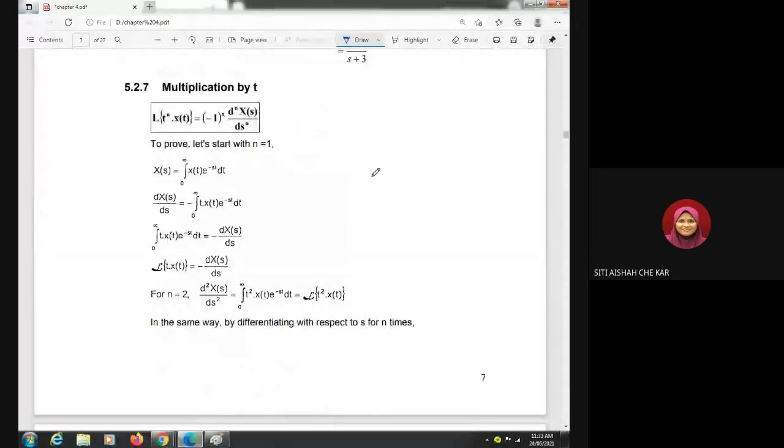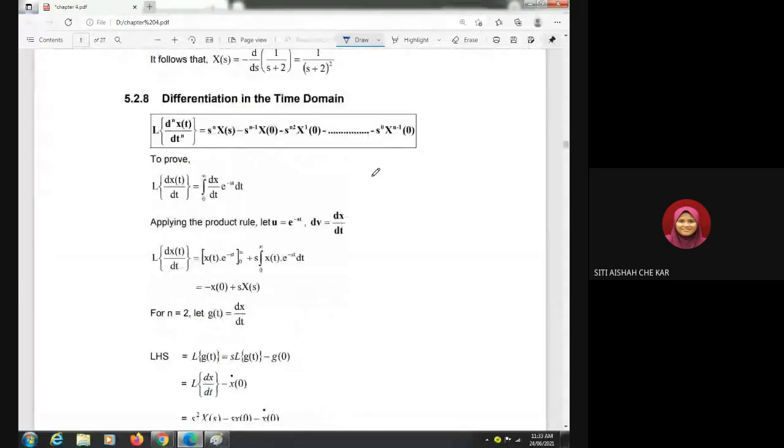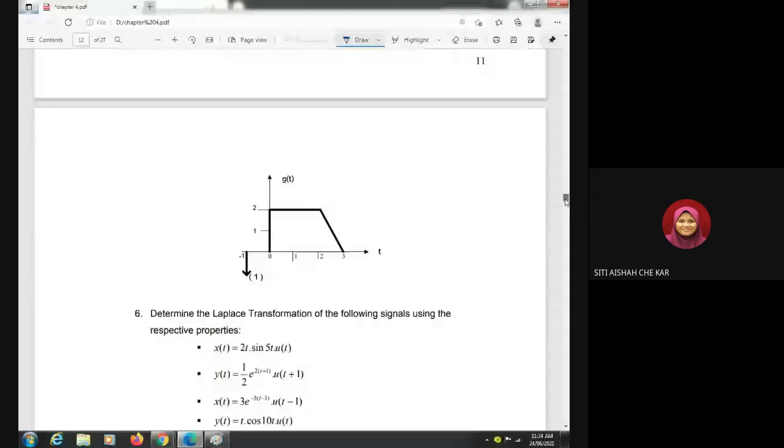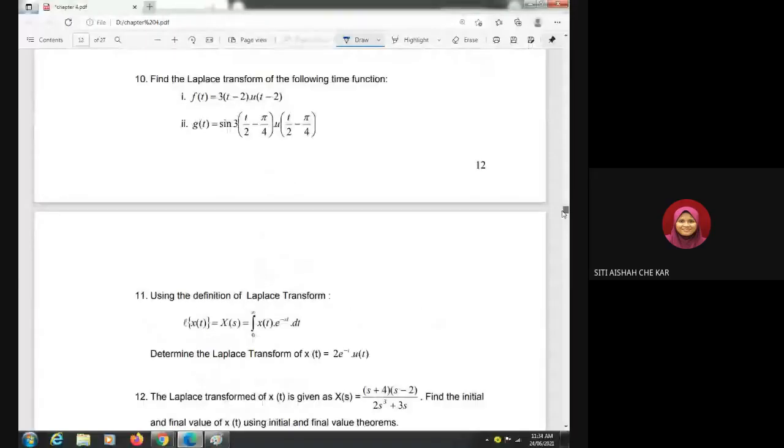Okay, boleh faham kan? Boleh. Okay, kita tengok. Oh, dah masuk chapter lain dah.